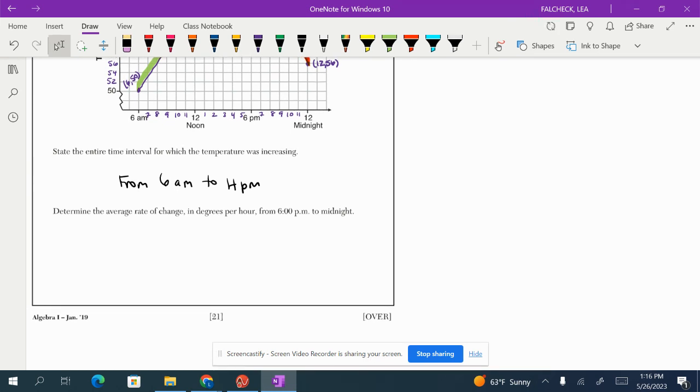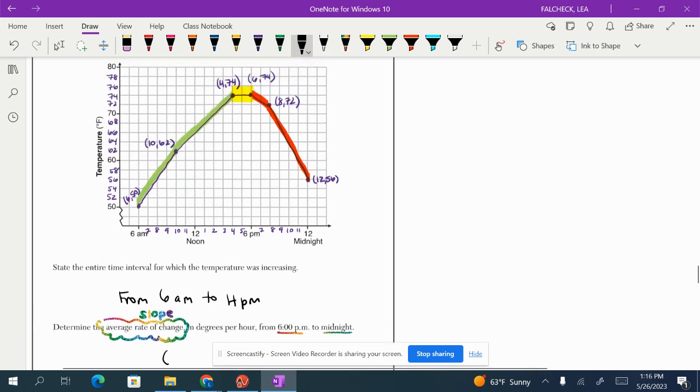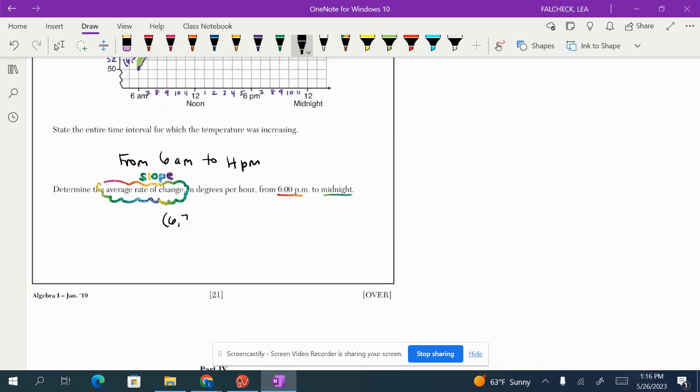Then it says determine the average rate of change in degrees per hour from 6 p.m. to midnight. So average rate of change, we know that that means slope. So we are going to calculate the slope from 6 p.m. to midnight. So let's go ahead and get a point for 6 p.m. At 6 p.m., the temperature was 74 degrees.